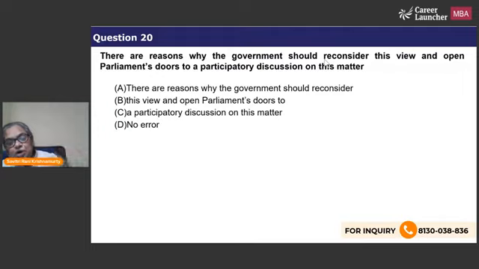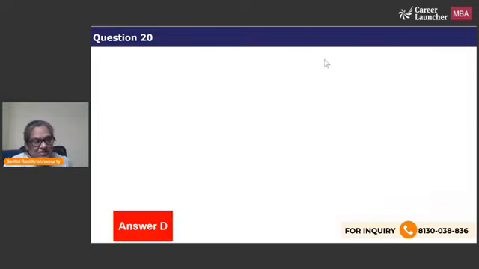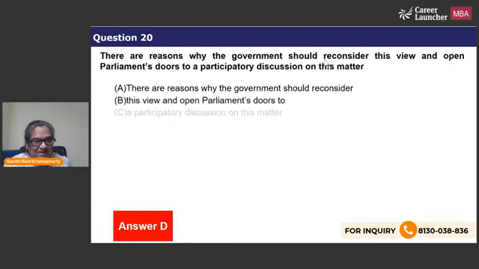The government did not allow discussion on the Adani matter, and the editorial said that the government should reconsider this view and open Parliament's doors. The doors of Parliament would be better, but Parliament's doors is accepted. That is why I chose the sentence. Okay. This was written in the editorial itself. Okay. Awkward, but no error.